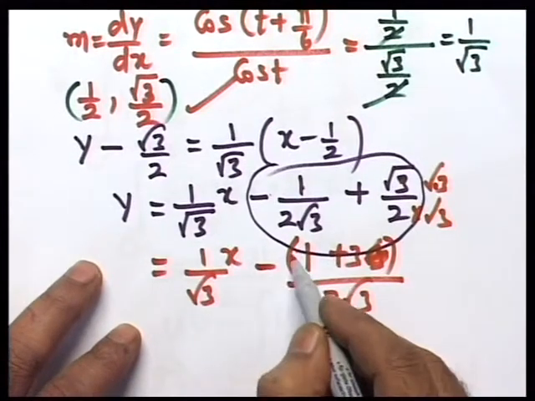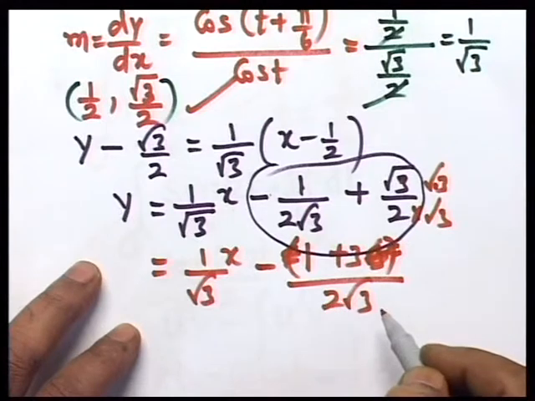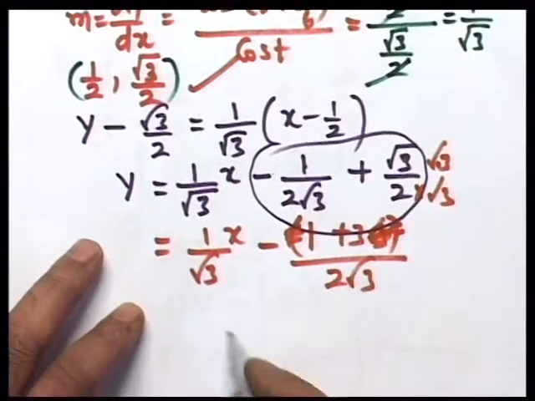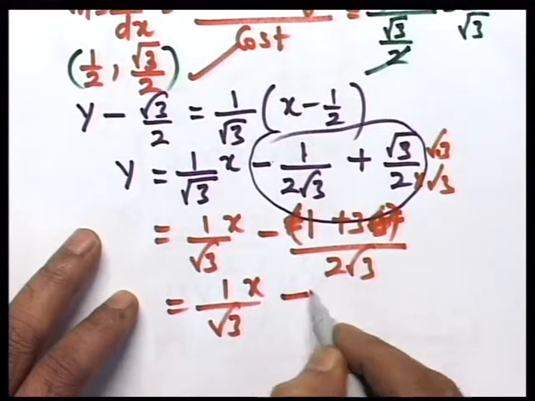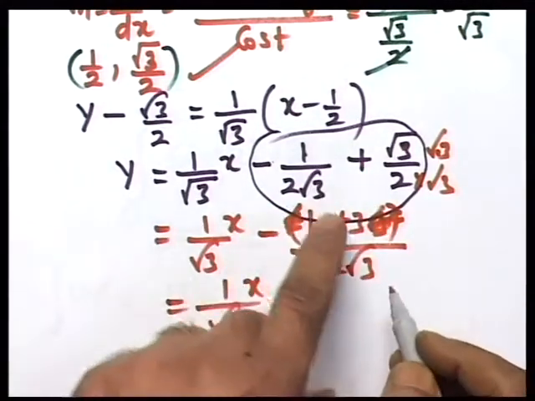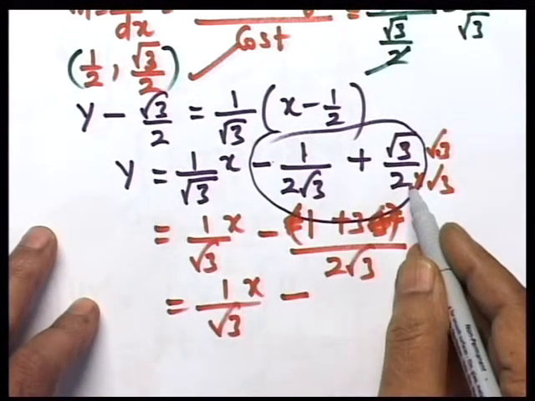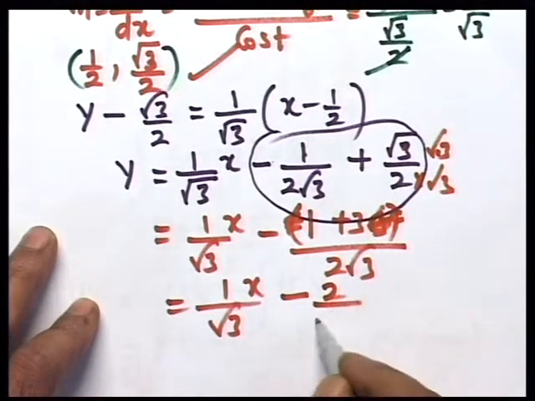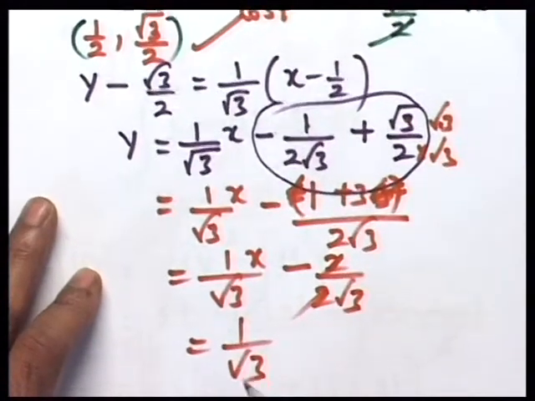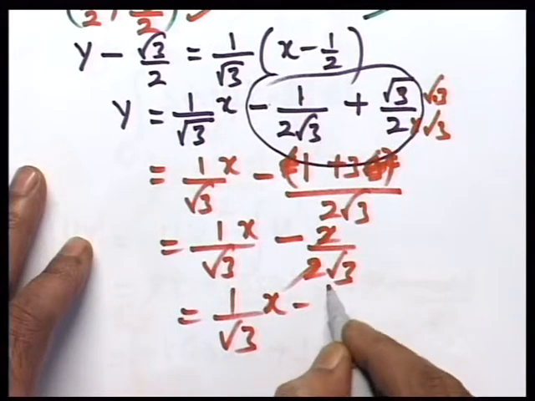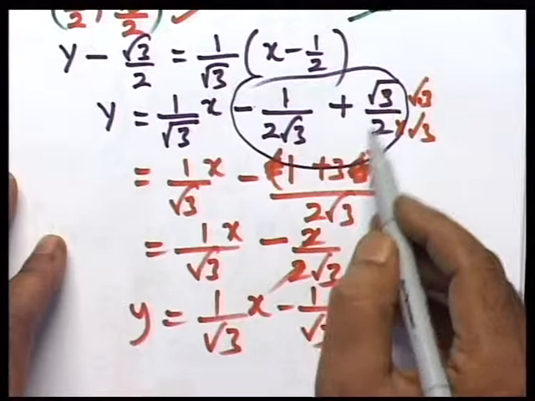If you take minus common, actually brackets we don't need. So this can be written as 1 over root 3 x minus 1, and that is a plus 3. So minus 1 plus 3 will be 2. So it's 2 over 2 root 3, which comes back to 1 over root 3 x minus 1 over root 3. That's the equation. Watch there very carefully.